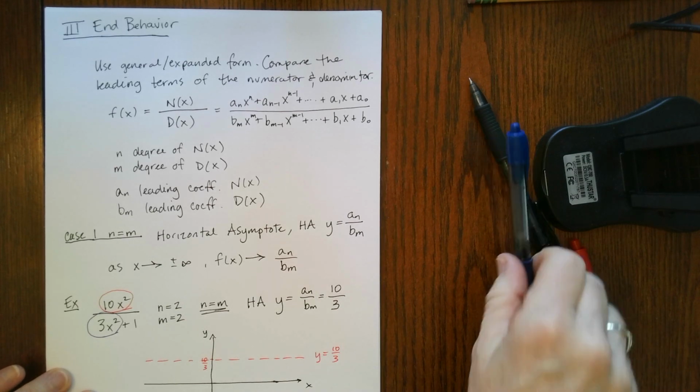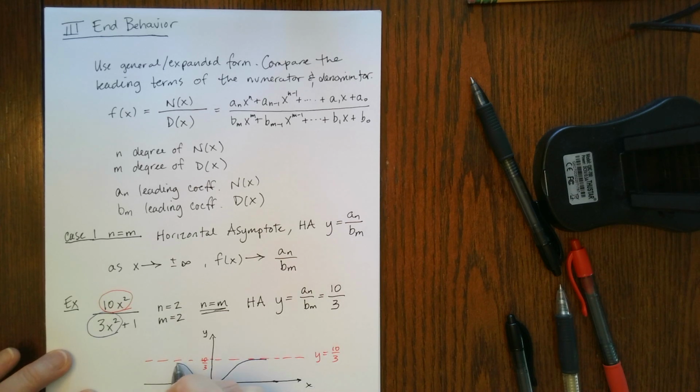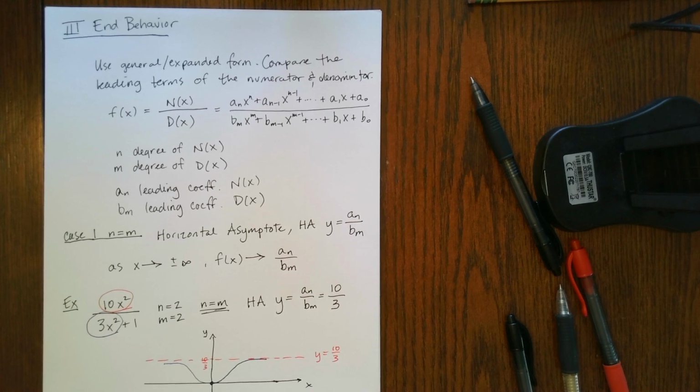And the graph itself, we know that it goes through 0, 0, and it's going to be sort of bowl-shaped, and then it's going to approach y equals 10/3 on to the right, and also it's going to approach y equals 10/3 to the left. So that's that graph for the first example.